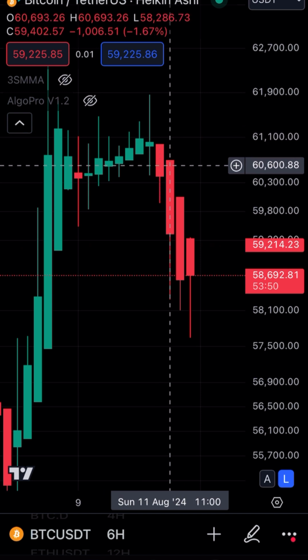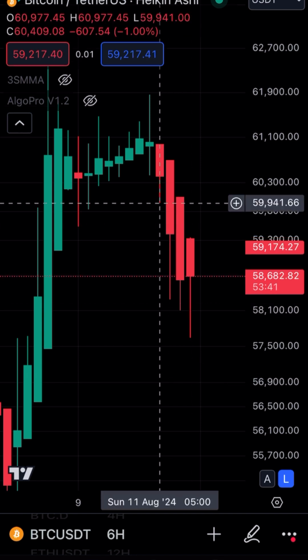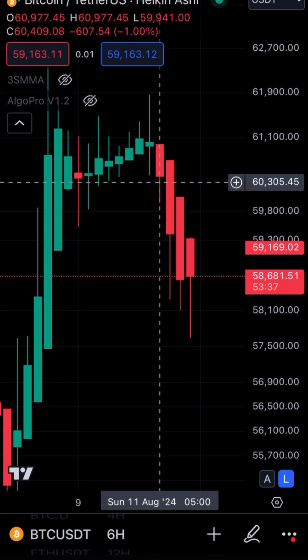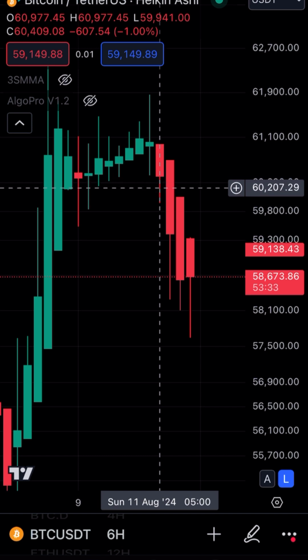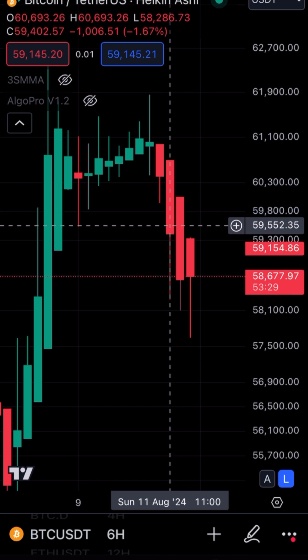If there's no wick at the top, that means the momentum is bearish. But if you see a wick at the top, it is still bearish. If you see a wick at the bottom, these are the bulls trying to push the price up.